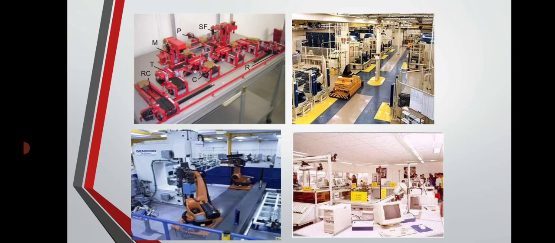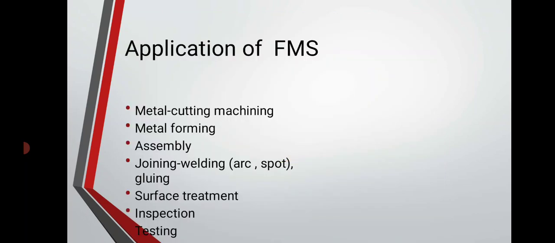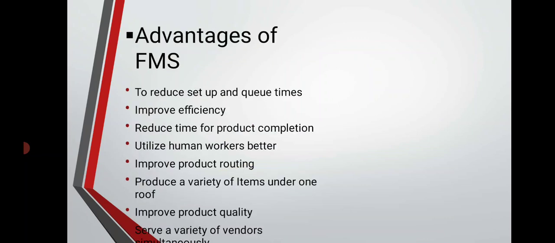Next, cranes and hoists, industrial trucks or automatic guided vehicles are used to transport the material from one place to another place. Then applications of FMS. First one, metal cutting machining, metal forming, assembly, joining, welding and surface treatment, inspection, testing. These are the places where we are using FMS.